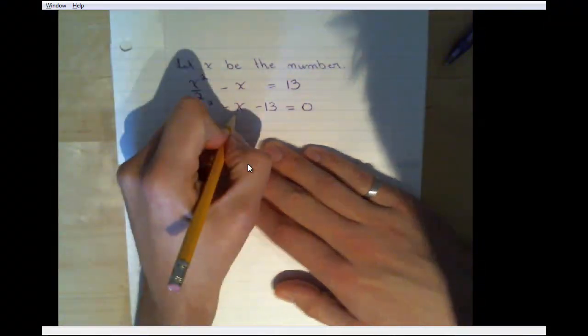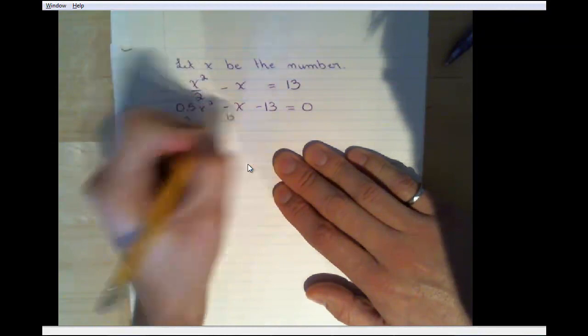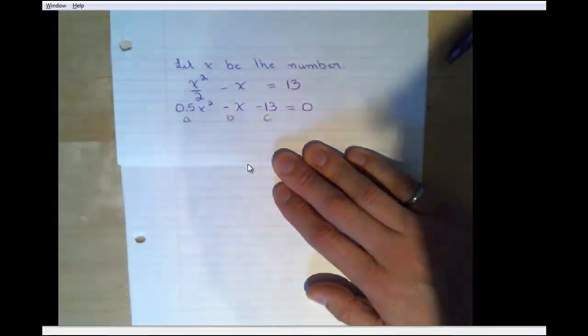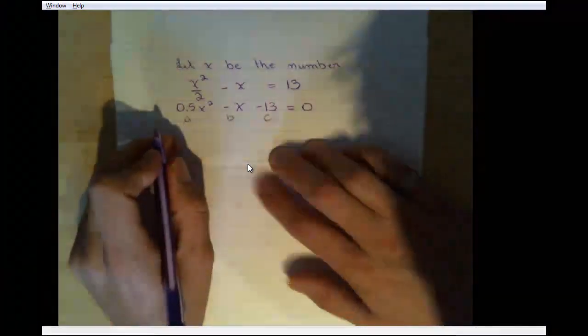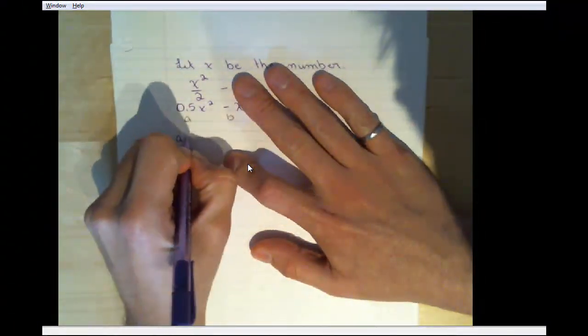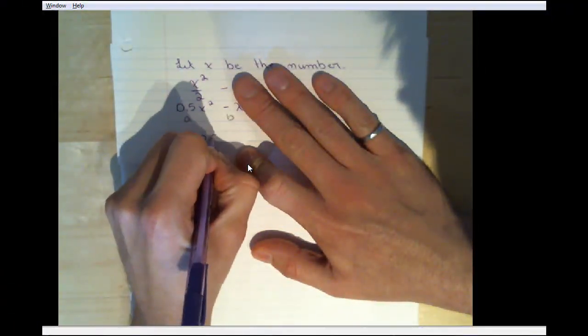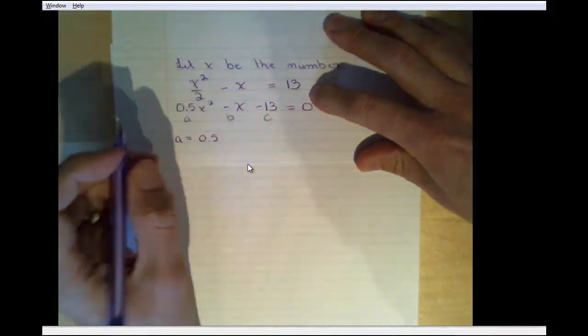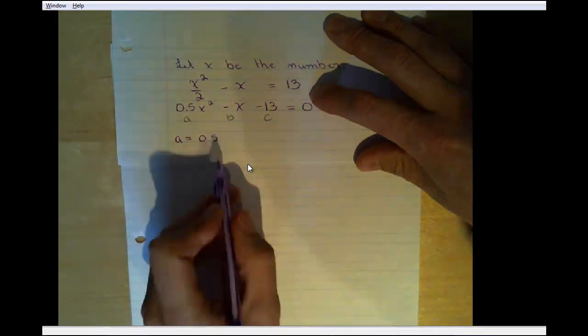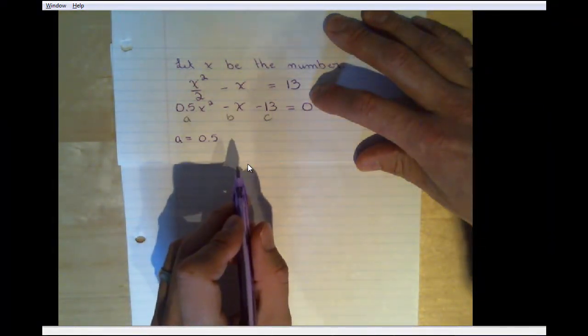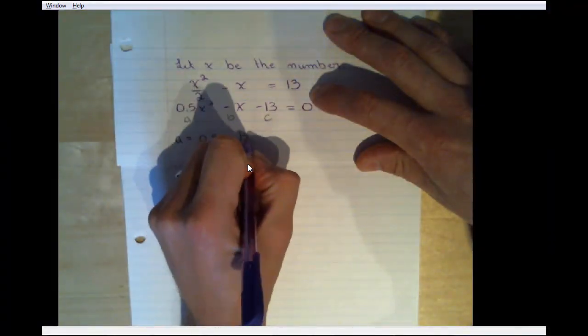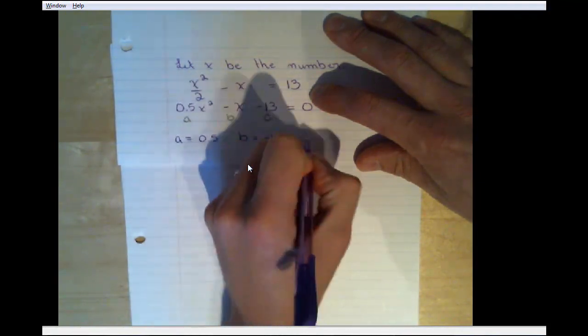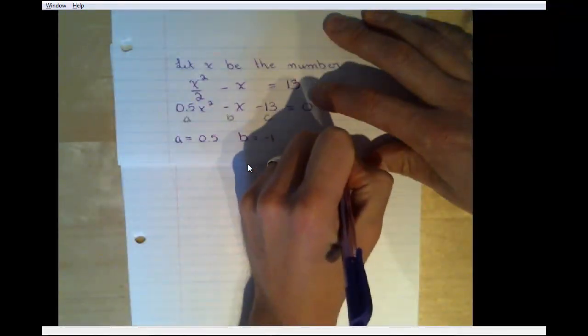There's your A, B, and C. So A is equal to 0.5. Okay, that's still an exact number, which we'll fix in a sec. So B is equal to minus 1, and C is equal to minus 13.